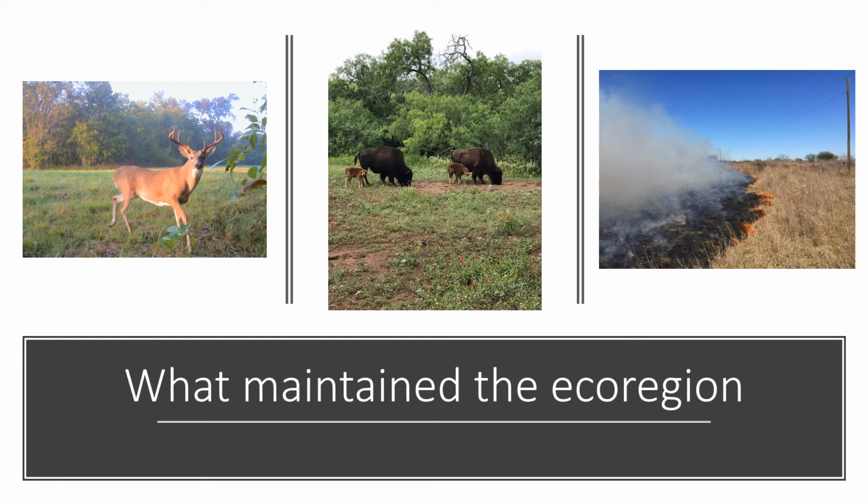They likely noticed with lightning strike fires, as soon as there was a flush of green growth, the use by wildlife increased, so they would notice that and want to take advantage of that. It also decreased tick populations, so there were many benefits to fire, and indigenous people did use that as a management tool.